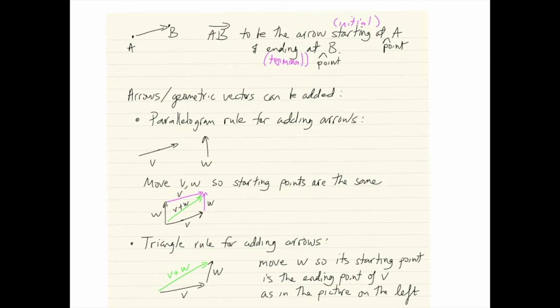And then just follow the arrows, and that will give you the terminal or ending point of v plus w. So v plus w is the arrow that starts at this point, and then you follow v, and then follow w, and you end at this point. So that's what v plus w is, and the parallelogram rule shows that v plus w is the same as w plus v.